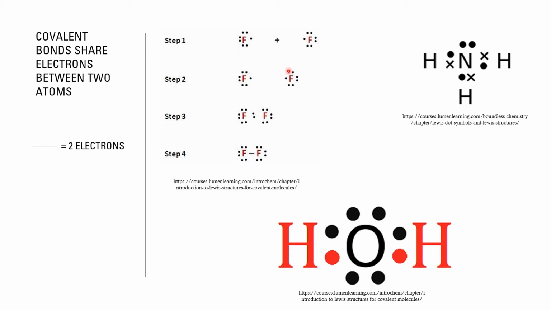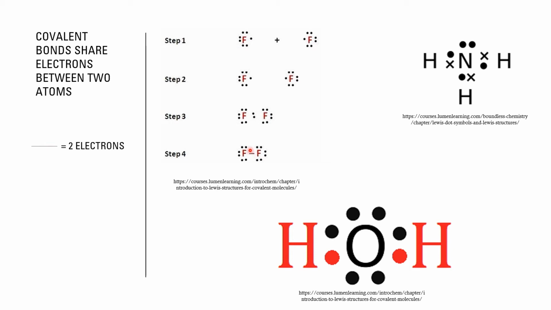The atoms will come closer and closer together, and the 2 lone electrons will end up interacting with each other. What ends up happening is that the electrons are shared between the 2 fluorines. So in this case, each fluorine technically has 8 electrons, even though neither has claimed an electron over the other. Both of these electrons that sit in the middle belong to both of the fluorines at the same time.